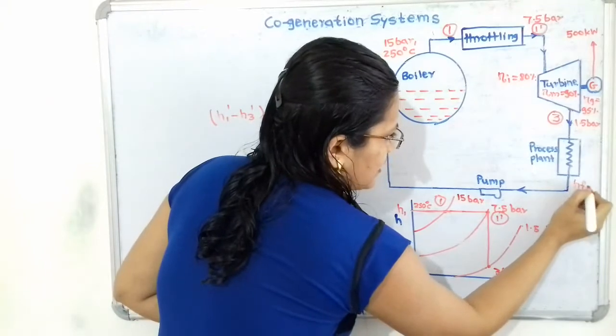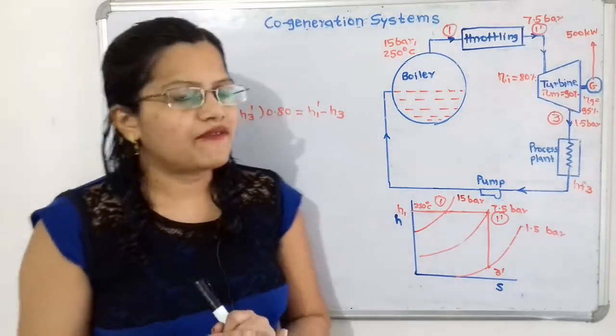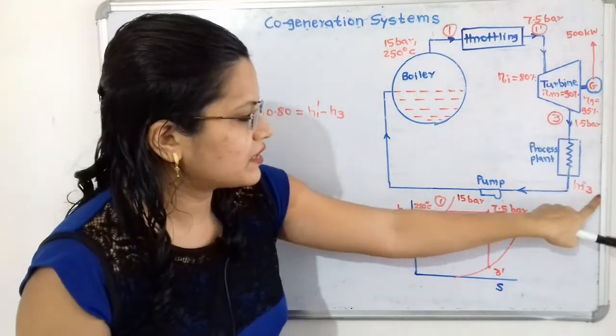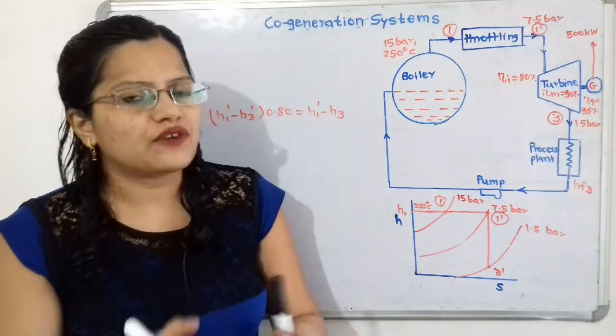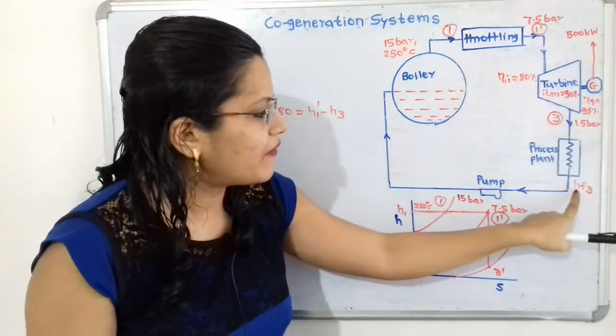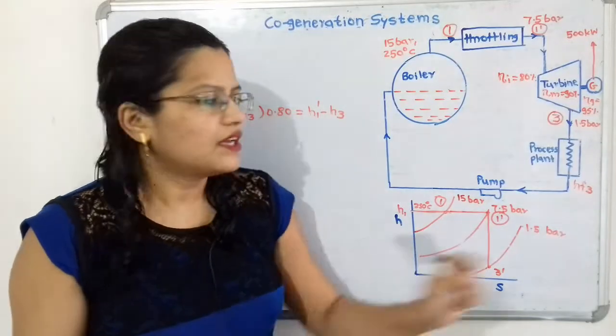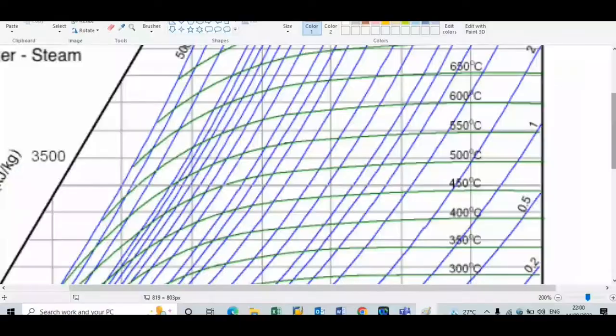So I will say that here will be HF3. From the steam table we can find out this value of HF3, because here the fluid is in the liquid phase, that is saturated water. So at 1.5 bar pressure we will find the value of HF3. Now this saturated water is again pumped back to the boiler.